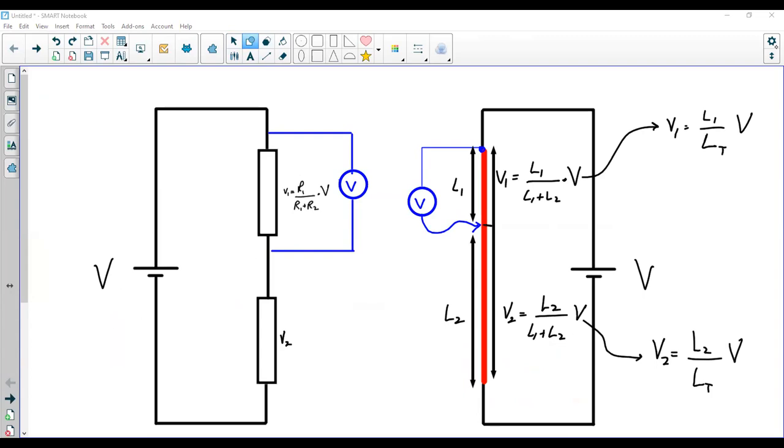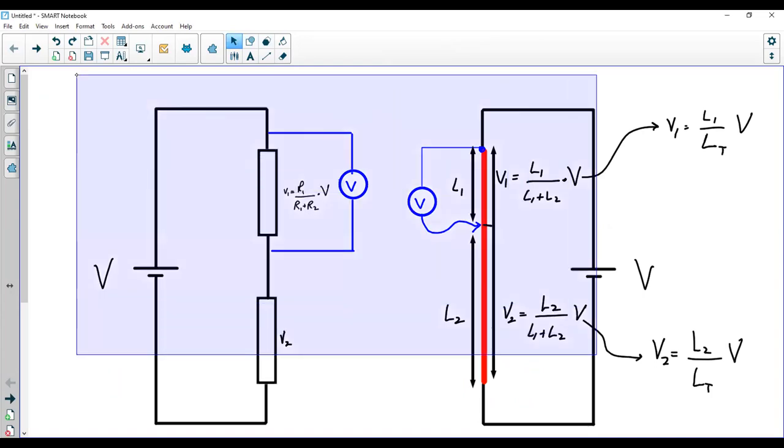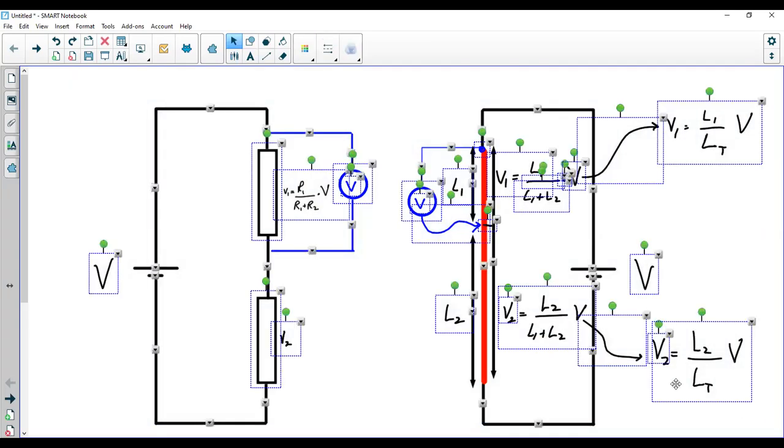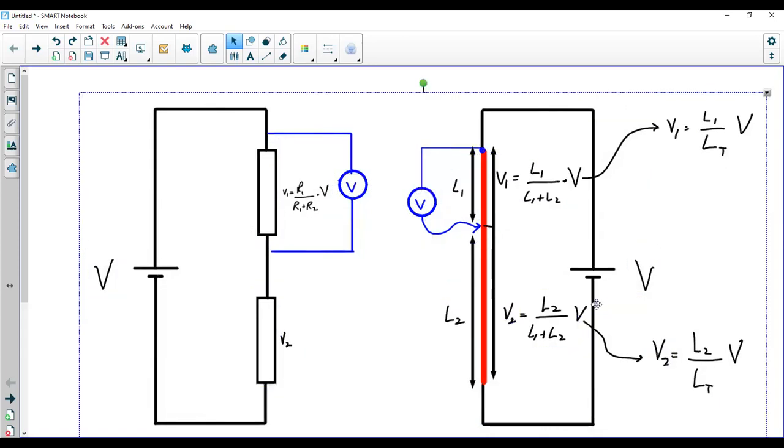I just copied it and made a smaller version of that. Okay, so we paste it here.